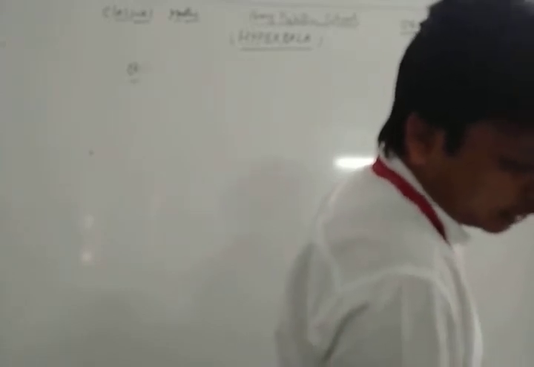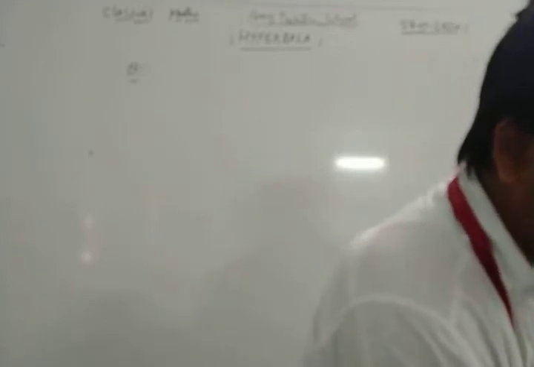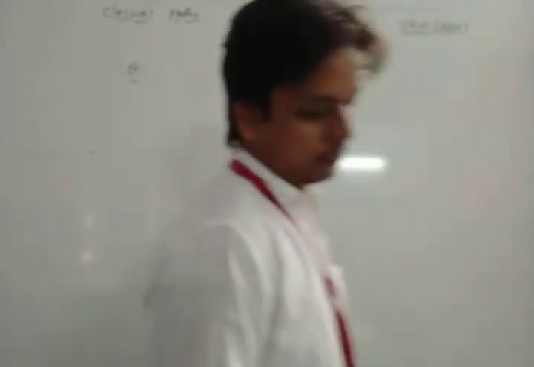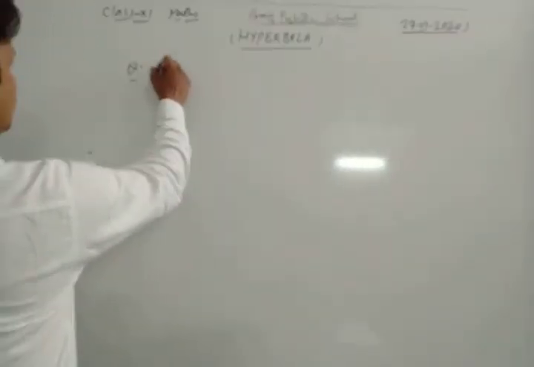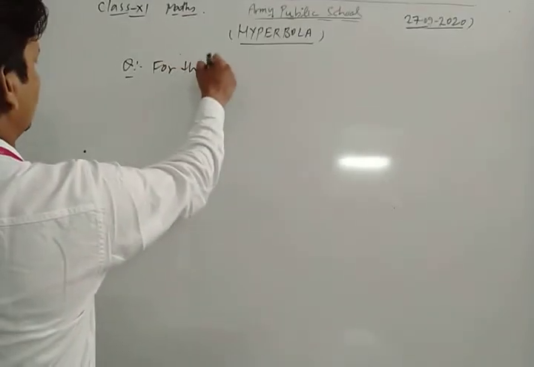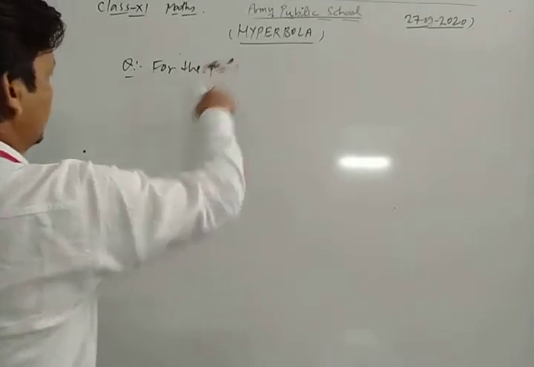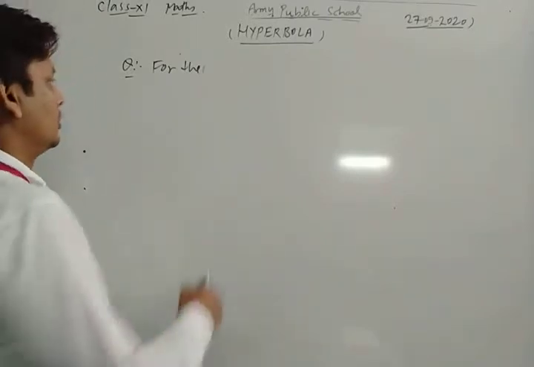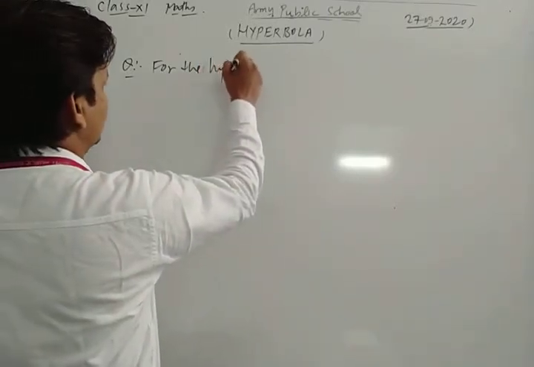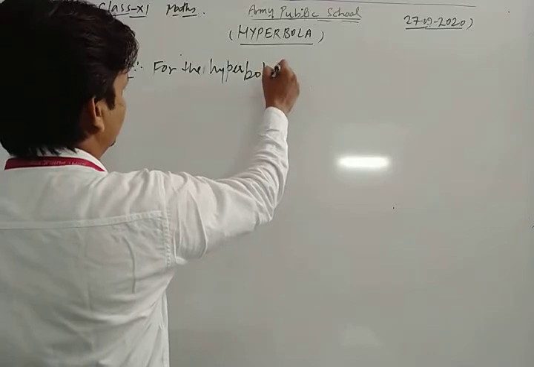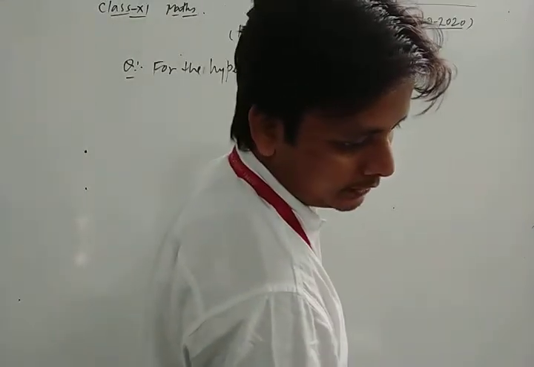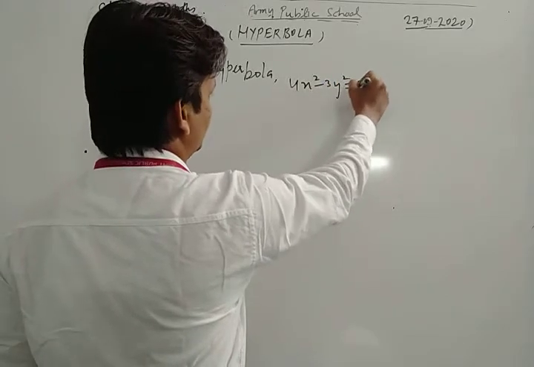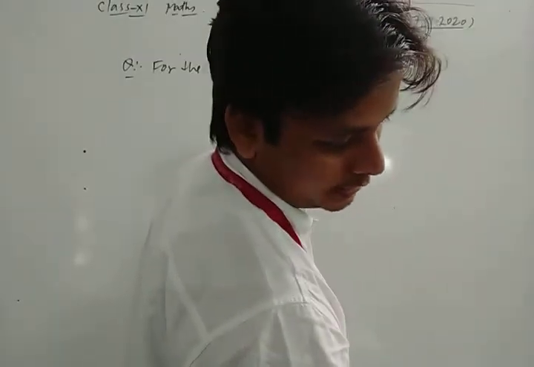We take a very important question of your NCERT exercise. For the hyperbola, the equation of the hyperbola is given as 4x square minus 3y square is equal to 36.